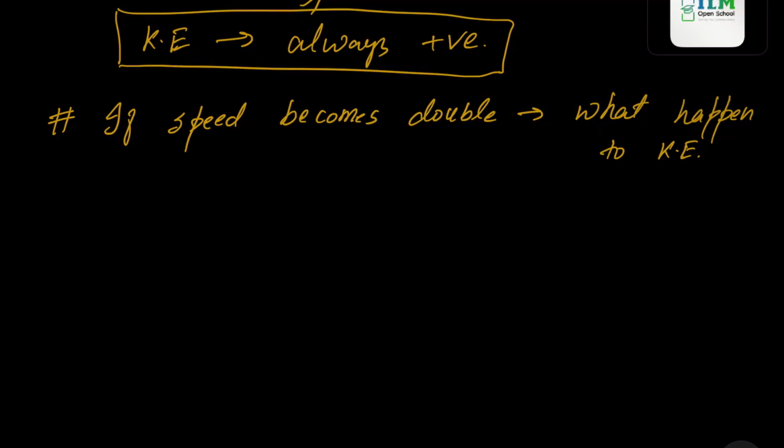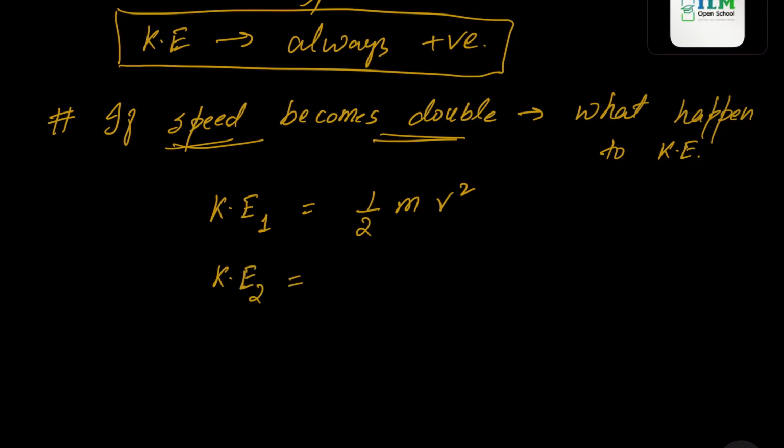We can see it from the formula. Speed is doubled. Initially, kinetic energy 1 is half mv squared. Now kinetic energy 2, in this case, I am doubling the speed.